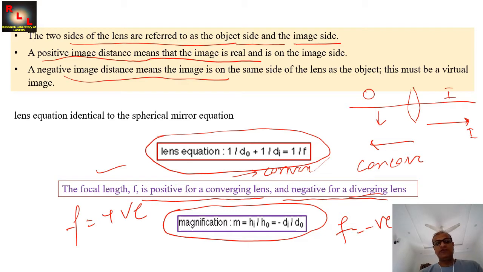And the magnification factor is the ratio of the height of the image to the height of the object, and it is also equal to the distance of the image over the distance of the object. These are some points which are necessary to know if you want to apply this lens equation.